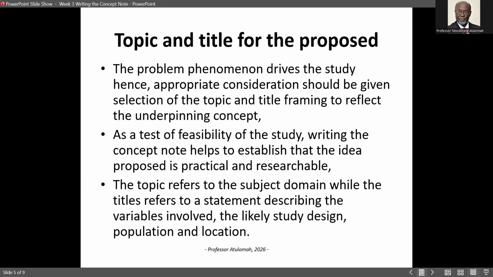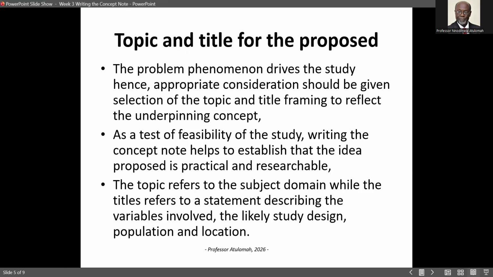When we talk about topics and titles for our proposed research, I want to make a clarification here. Whenever you say topic, you're referring to the general subject area in which that research is supposed to be domiciled. So the research is addressing issues pertaining to a particular field of study, in public health or any other field.